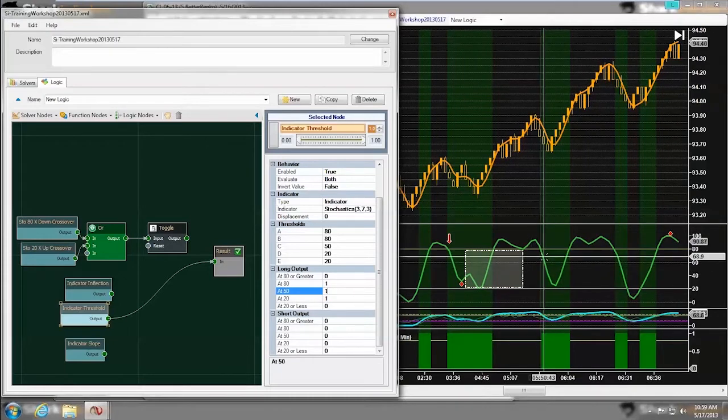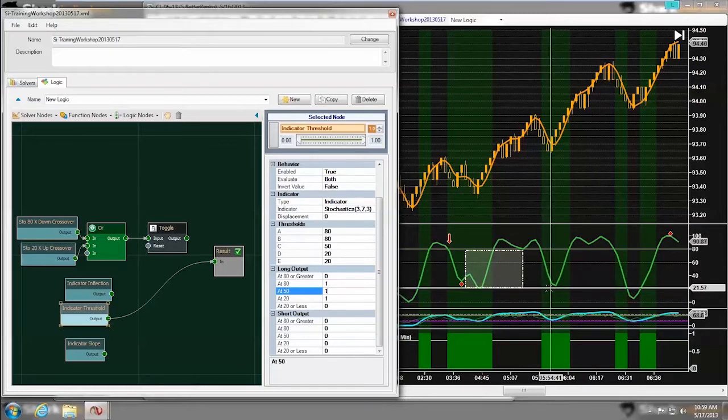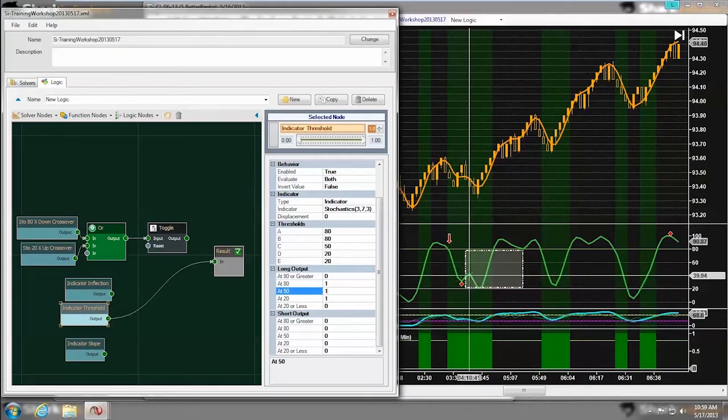So you can see right here that I'm getting my long output when the stochastic is between 80 and 20. Now right now I'm only getting a long output, and I need a short output as well because I don't know which direction the inflection solver is going to go.